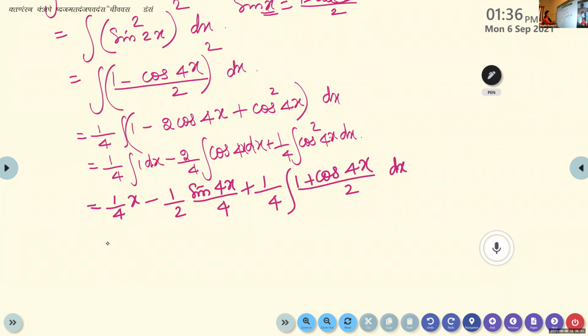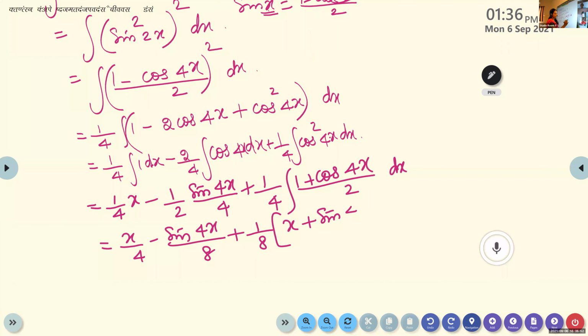So it will become x by 4 minus sin 2x by 4 plus, taking the 1 by 2 outside, 1 by 8 into integral of 1, which is x, plus cos 4x, which integrates to sine 4x by 4. Now we have integrated all the functions. You add the constant of integration plus c.